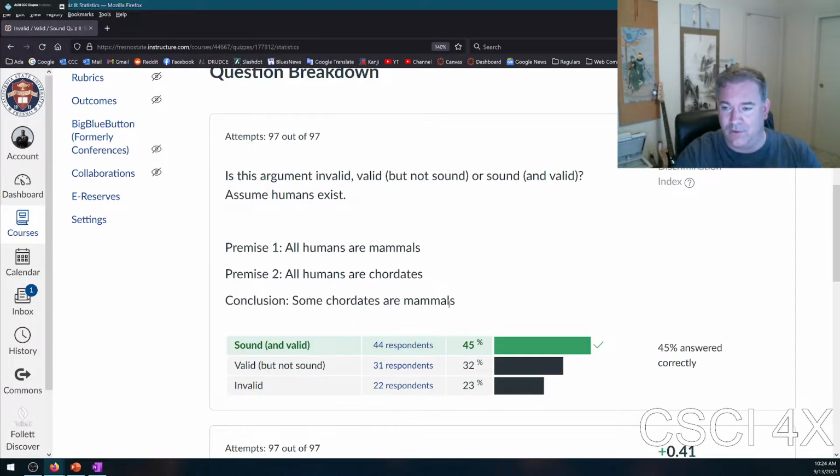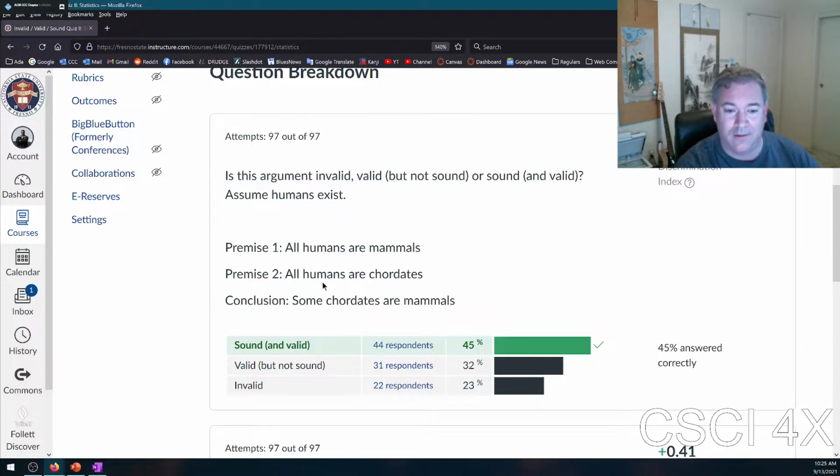Not all chordates are humans. Some of them are humans, if there's at least one human, right? Think about it. All humans are chordates, but not all chordates are humans. There's monkeys and fish and stuff like that. There's plenty of chordates that are not humans.